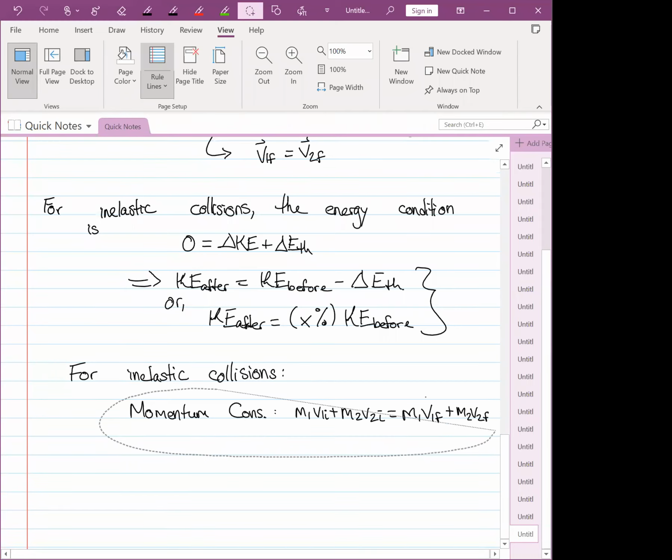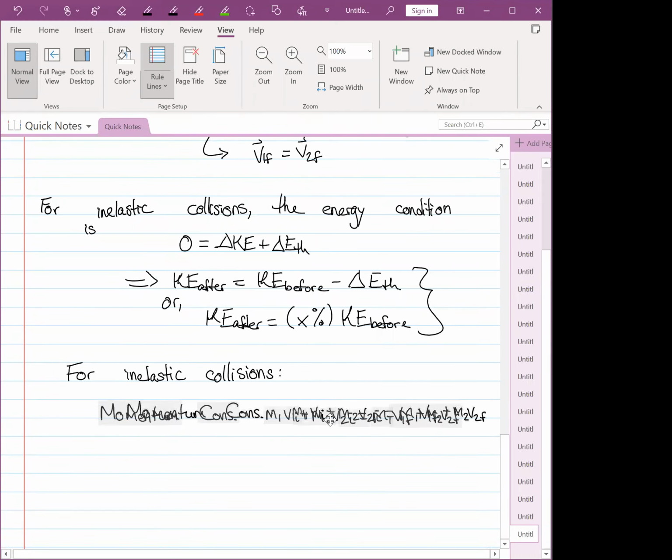And then we have our energy condition, which is different from the elastic case. The energy condition is one of the two above equations.